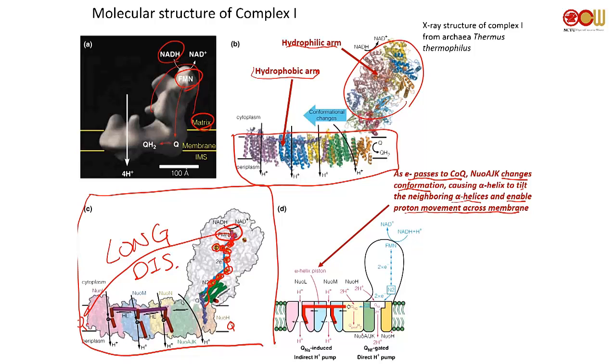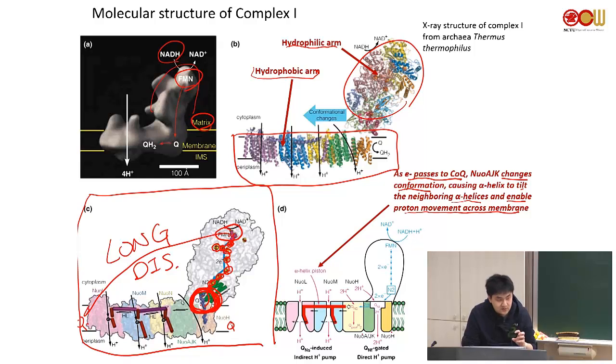All you have to remember is that when the electrons pass from your FMN to Q, Q is right there, you will cause a conformation change of complex 1.